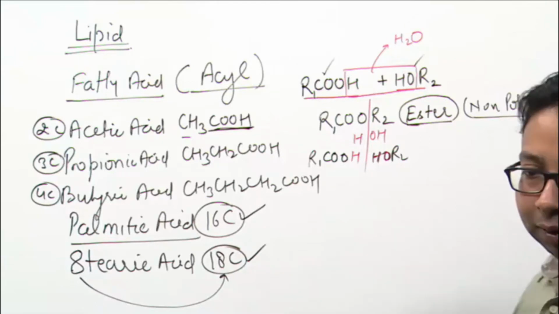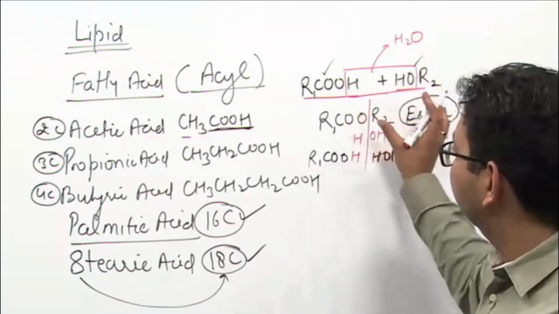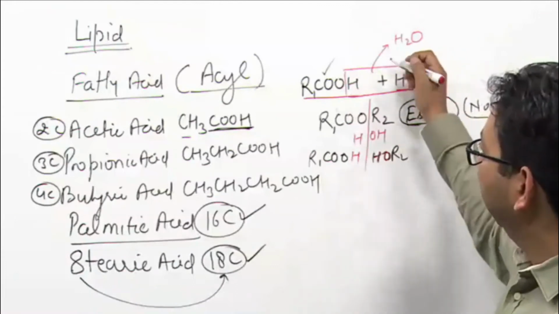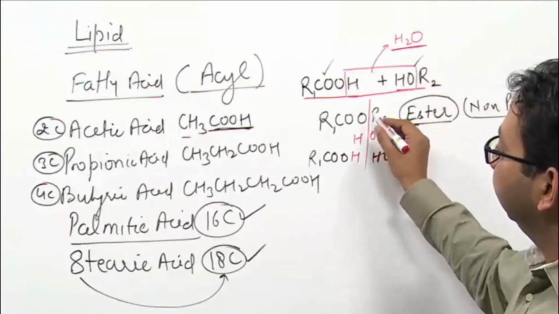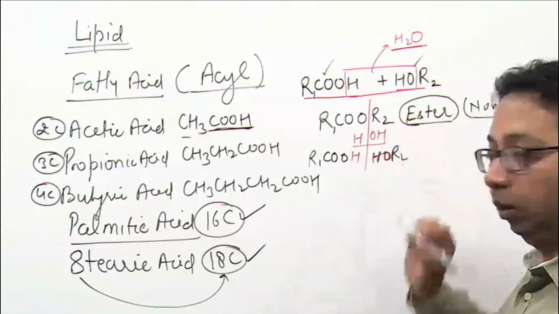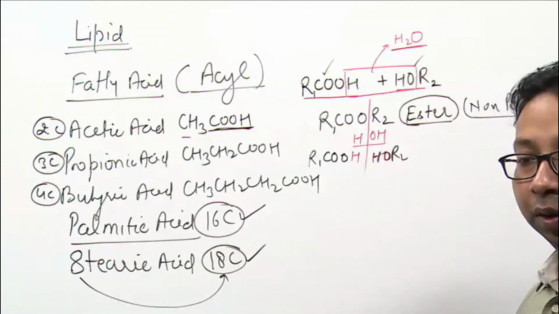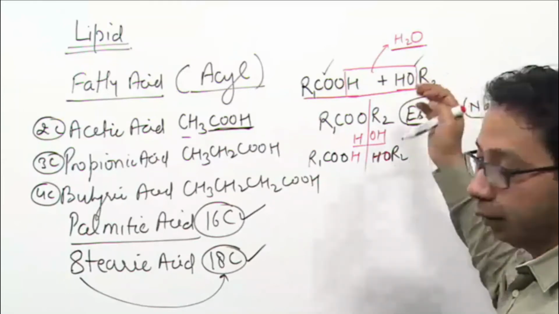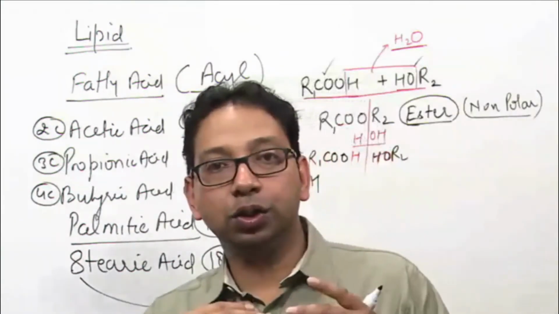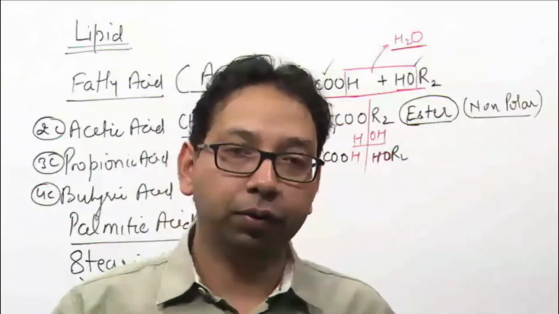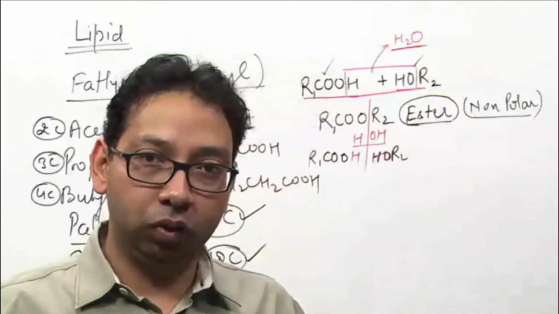Whenever ester bonds are formed, H2O is released. If you want to cut an ester bond, you must add water. When acid and alcohol join, H2O is released and an ester bond is formed. To cleave it, you must add water.